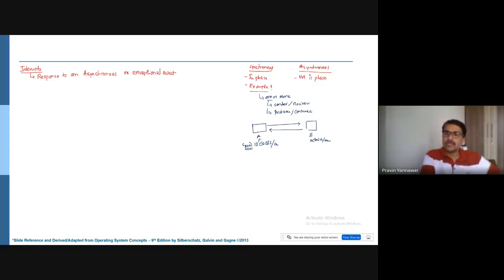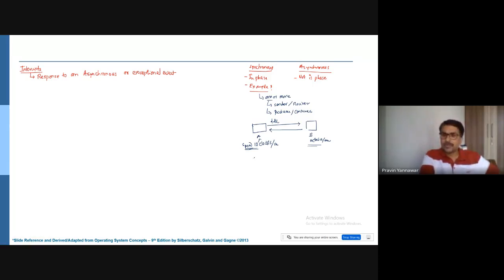So the speed of A and B are the same. If A sends some data to B, B receives it immediately. So the sending and receiving are in a synchronous mode.